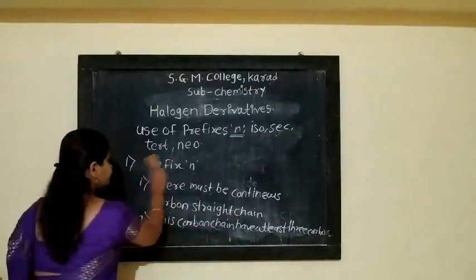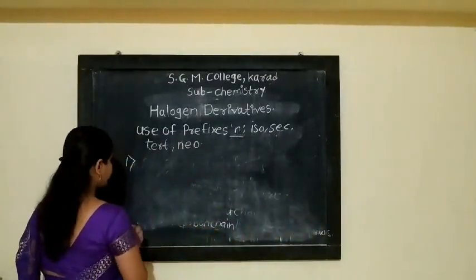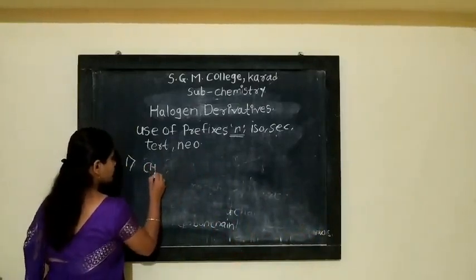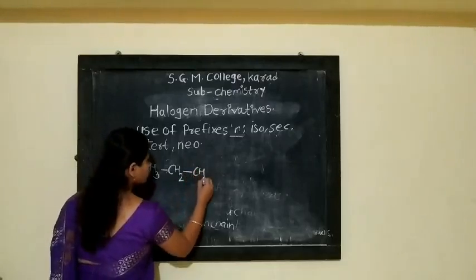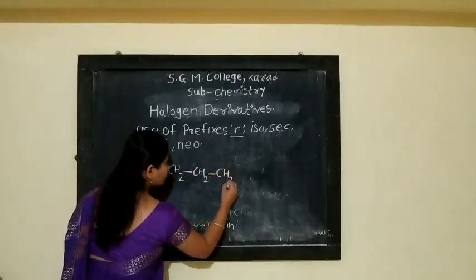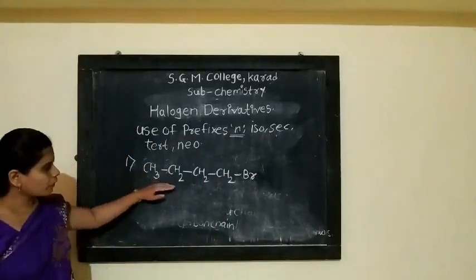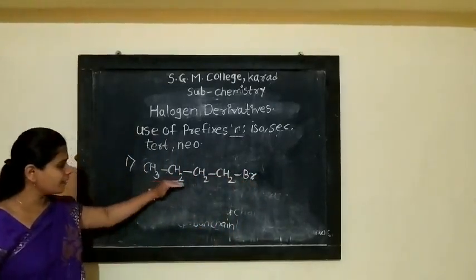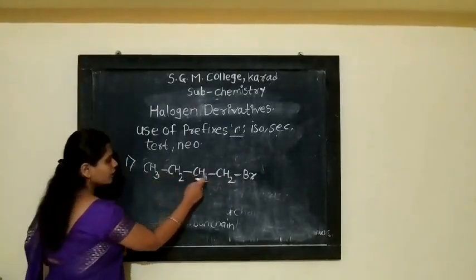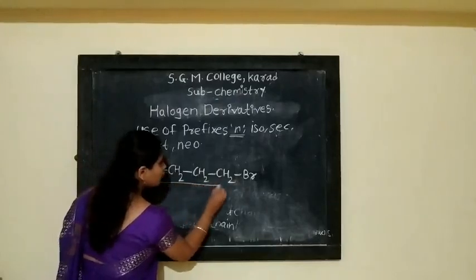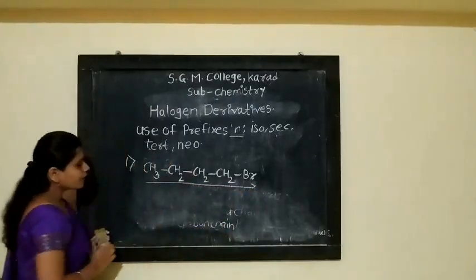Here I take the example CH3CH2CH2CH2Br. Here this compound is a straight chain compound. There is no branching in this compound, and the number of carbon atoms is 1, 2, 3, and 4. So we can use prefix n here. What is the common name of this compound?